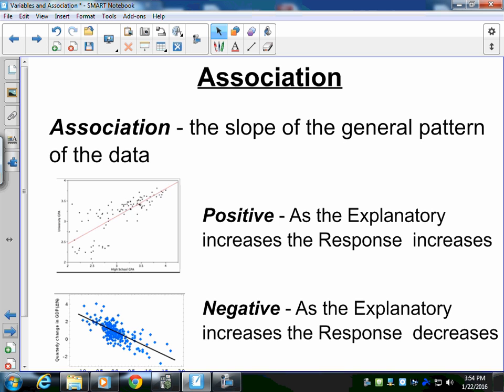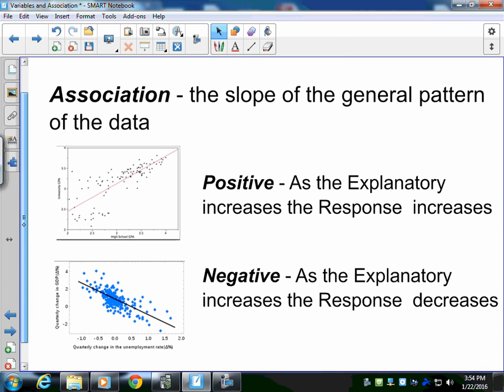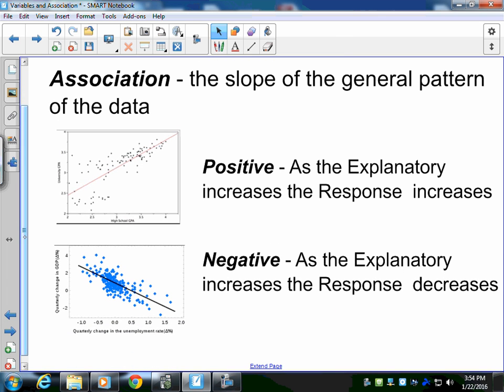Now, when we're looking at graphs, we have to be able to describe certain things. When we're looking at our data, comparing our explanatory and our response, first thing that we want to talk about is our association. Is it a positive association? The explanatory is increasing, the response is increasing. When we look at this, we can really be thinking about the slope of our least squares regression line.